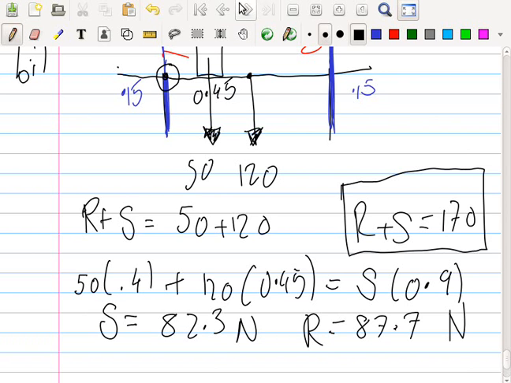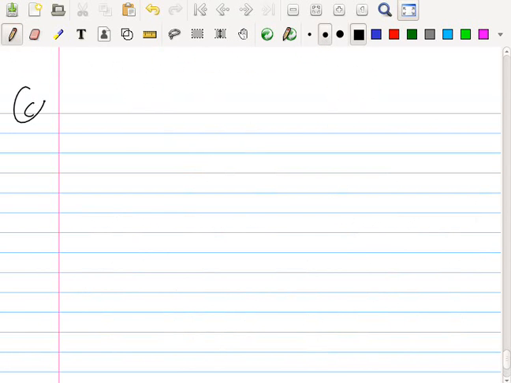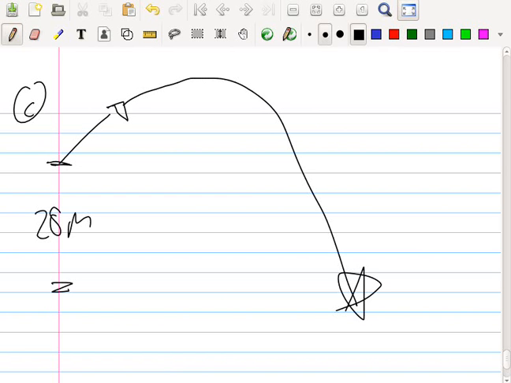Actually, this question is quite short, because the next one here: an iron cannonball of mass 6.4 kg is fired from the top of a building at velocity 80 meters per second. The building is 28 meters tall.